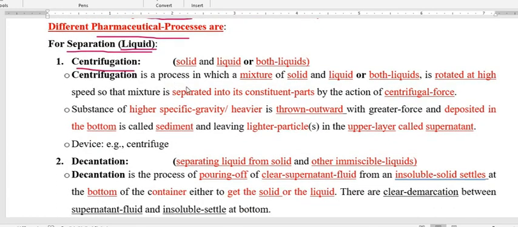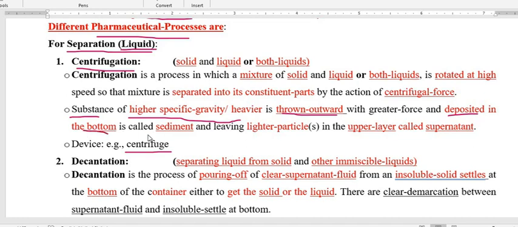centrifugation. I think we have all seen a machine we call the centrifuge machine. So in that, what are they going to do? They rotate it to the extent that the substance which possesses the higher specific gravity moves in the outward direction and gets deposited at the bottom.